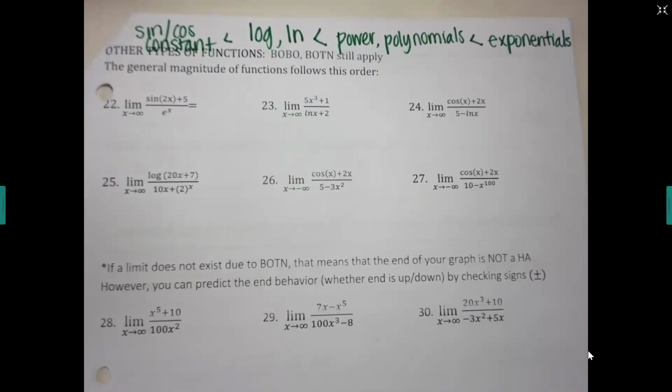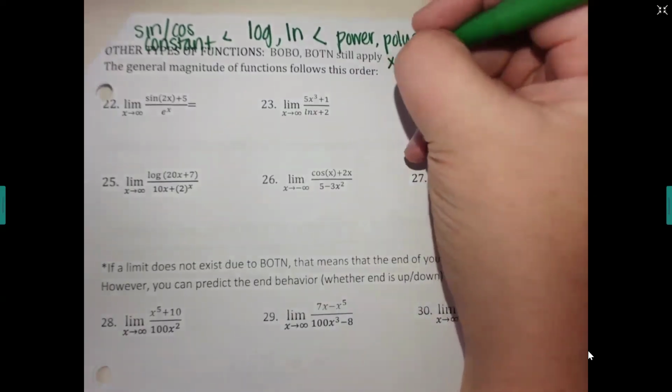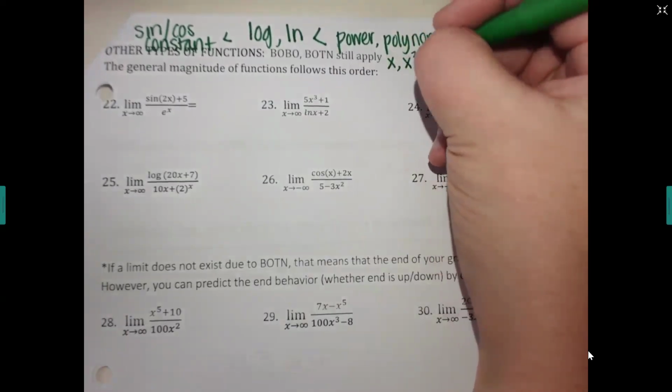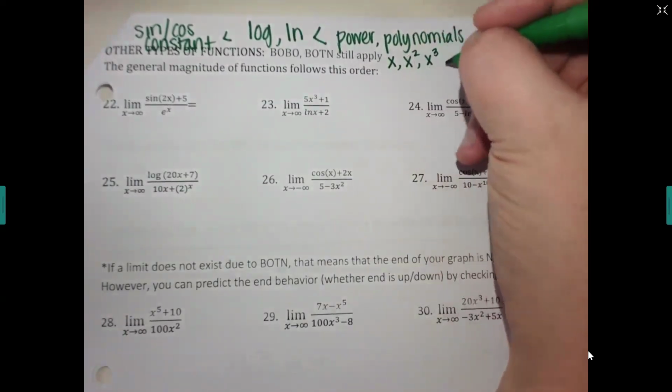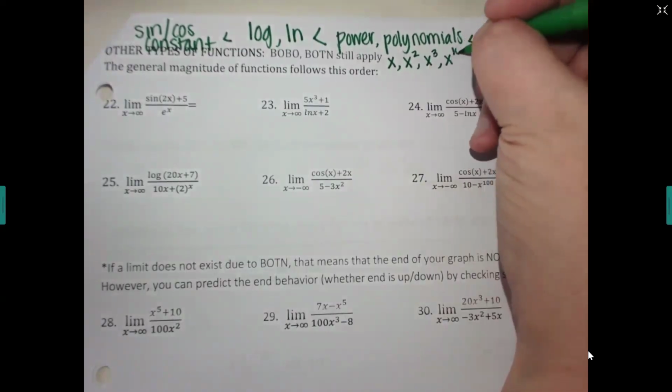Okay, now real quick before we go into the examples. An example of a power or a polynomial is what we've been doing: x squared, x cubed, x to the 100.